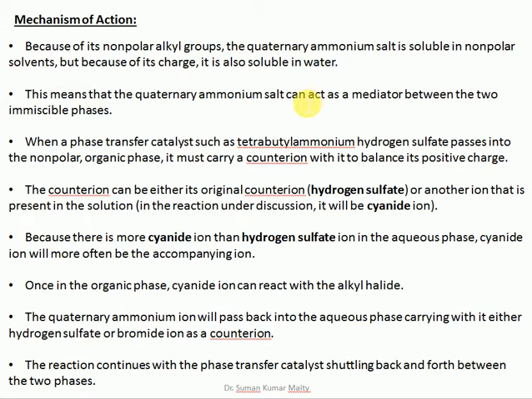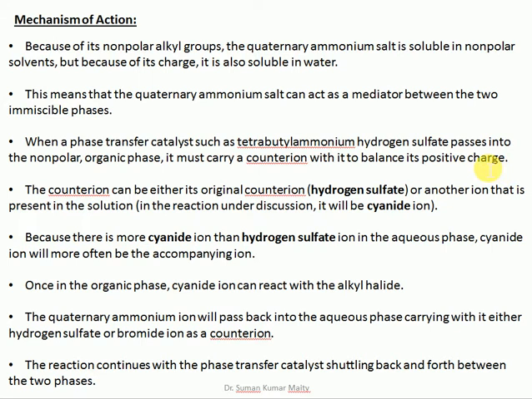Therefore it can migrate between the two phases, and it acts as a mediator between the two immiscible phases. When a phase transfer catalyst such as tetrabutyl ammonium hydrogen sulfate passes into the nonpolar organic phase from the aqueous phase, it must carry a counter ion with it to balance its positive charge.